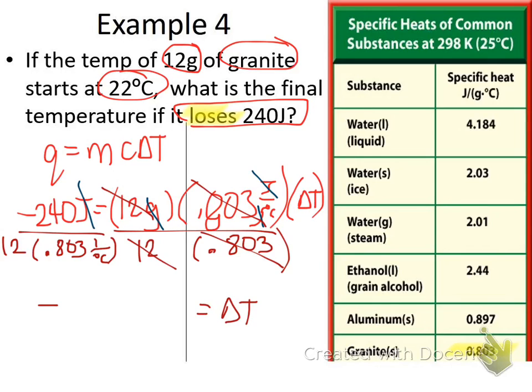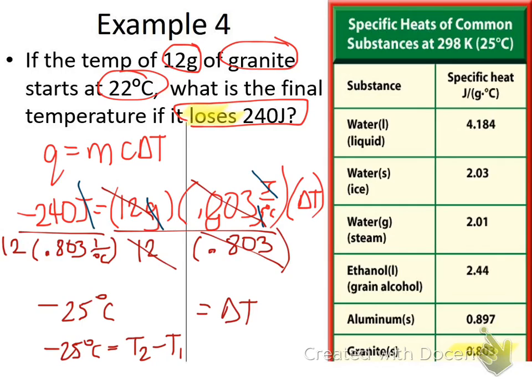So delta T here is going to be negative 25 degrees Celsius, which implies that the temperature should have gone down by 25 degrees Celsius. The question is asking us to find the final temperature, and so we can set this negative 25 degrees Celsius equal to T2 minus T1.